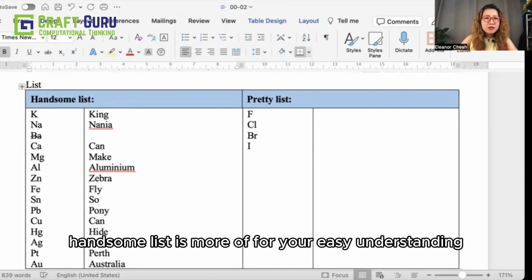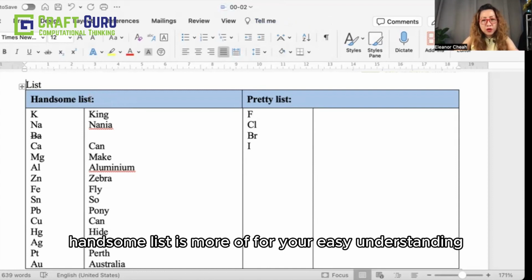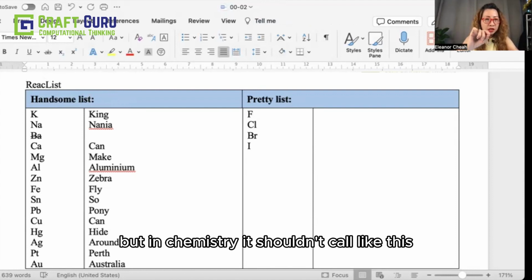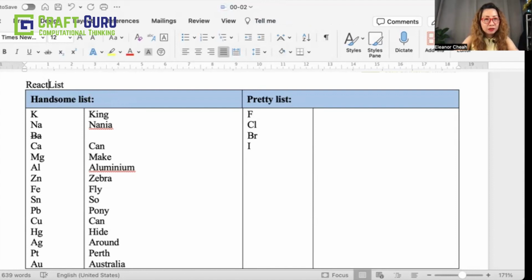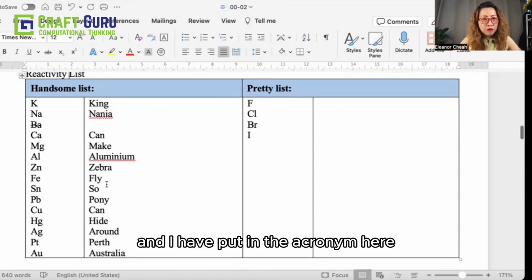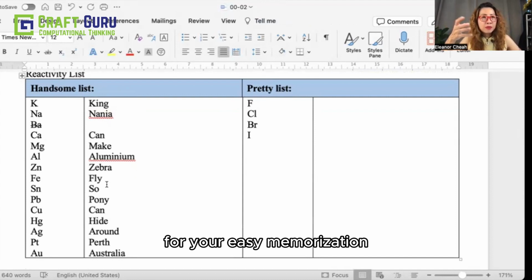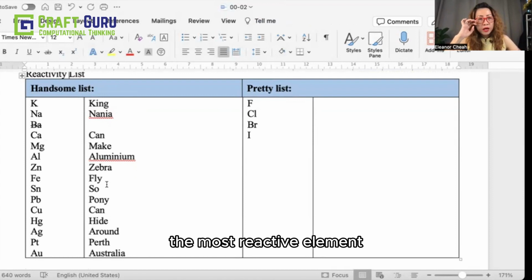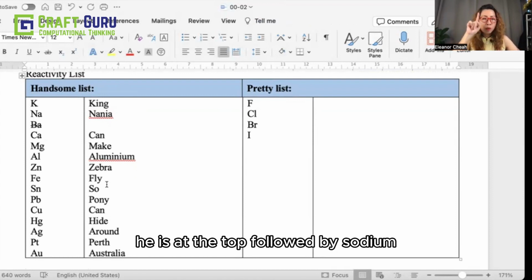I put handsome list is more of for your easy understanding, but in chemistry, it shouldn't call like this. And I have put in the acronym here for your easy memorization. The most reactive element or reactive metal is potassium. He is at the top, followed by sodium.